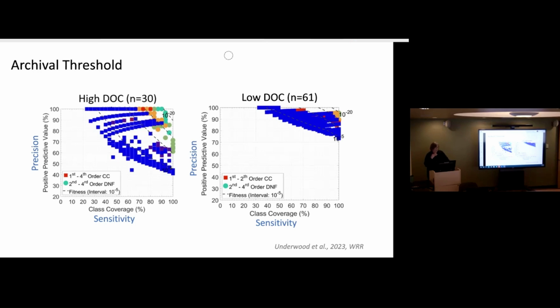The goal in this work is to get outcomes that are up in the upper right of that plot with greatest fitness values. They're observations, sets of features associated with a particular outcome class that have high class coverage and at the same time high precision. And if they do, they're going to be focused in that upper right of the plot.